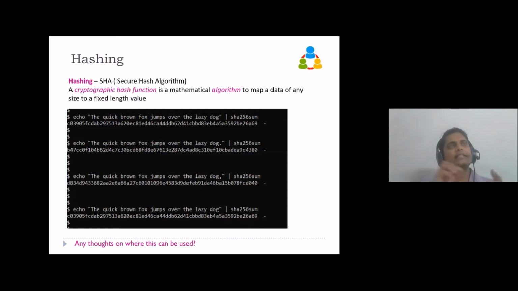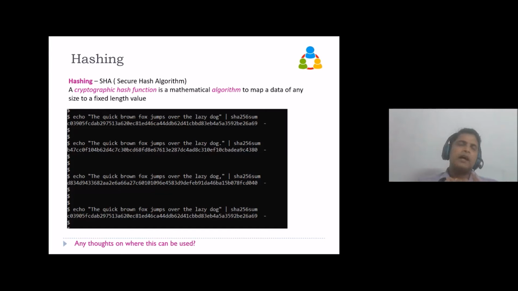So essentially, hashing is used to check data integrity, whether the data has been altered or not. You can store the data in a file or a database, and also store the hash in a database.